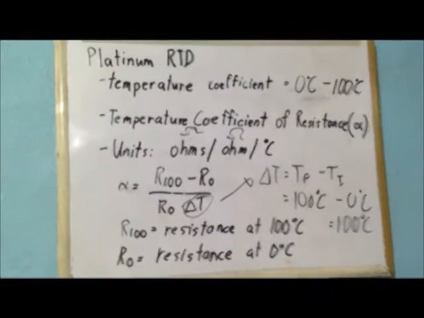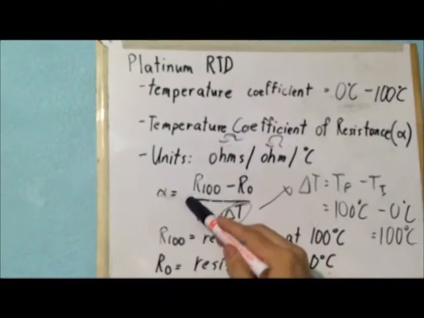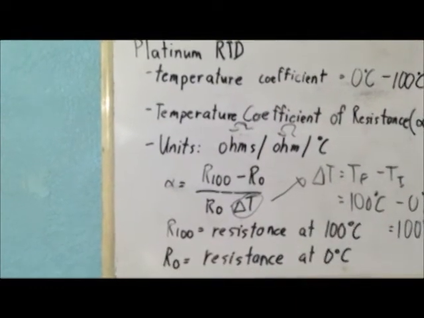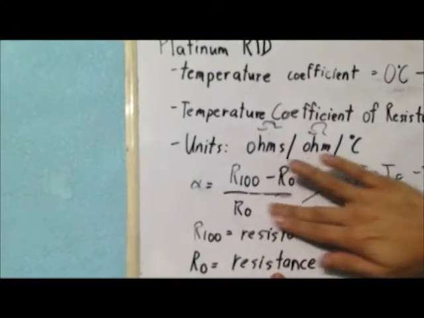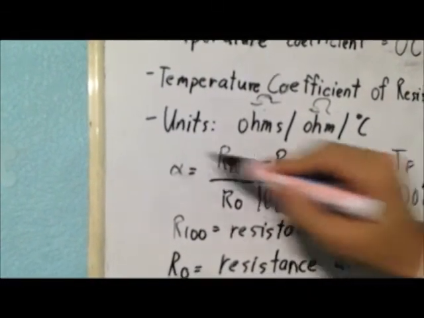With that, we can get the final equation of alpha, which is equal to R100 minus R0 all over R0 multiplied by 100 degrees Celsius.